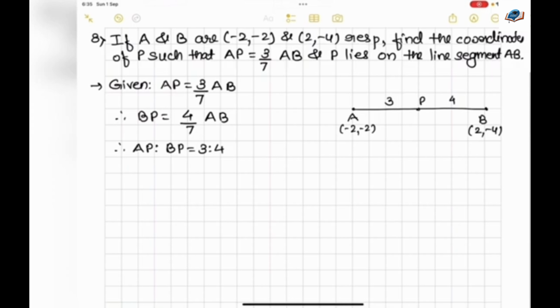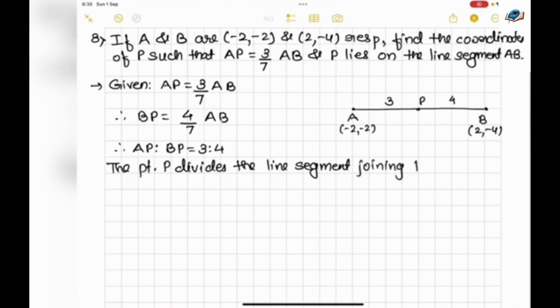So the point P divides the line segment joining the points minus 2 comma minus 2 and 2 comma minus 4 in the 3 is to 4 ratio.